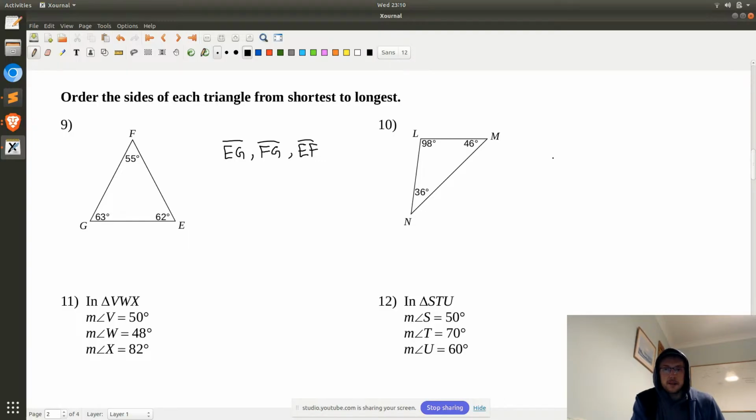And next, the shortest side is LM, followed by LN, followed by MN.